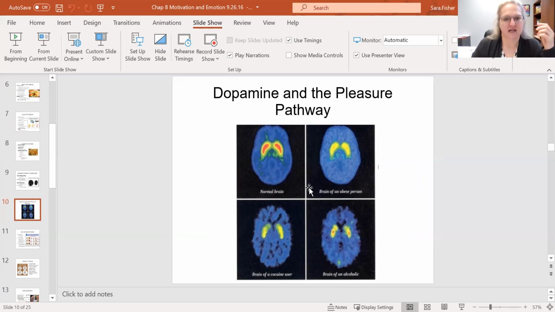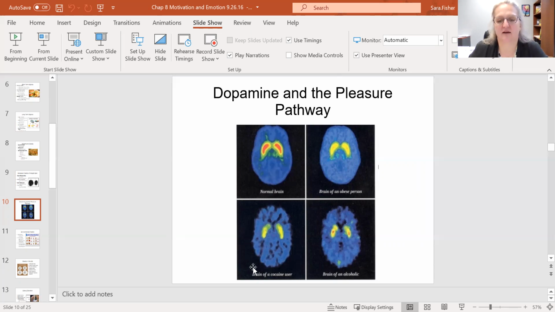The red, the darker colors, reflect activity at dopamine receptors. Remember, dopamine is the reward. It's how good something makes you feel, and it doesn't stay in the synapses very long. Up here is the dopamine activity of your control brain, your normal person, and the red indicates how much pleasure you're experiencing.